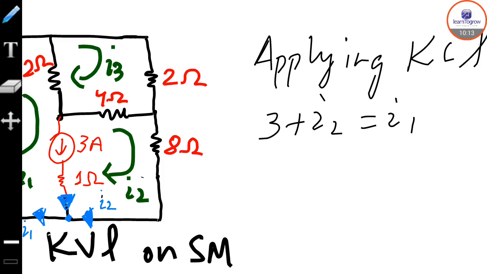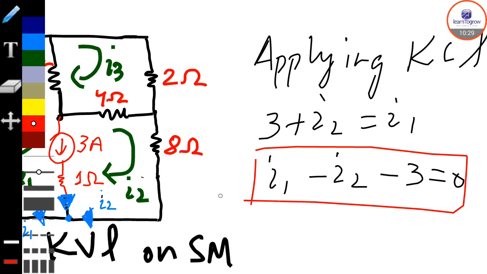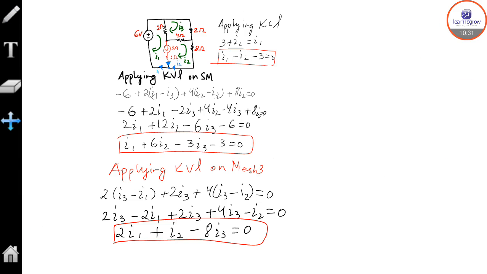I can now apply two methods to solve these equations. Do you know what those methods are? The two methods are: one, you can solve directly from a calculator, from a three variable equation, or two, from matrices.